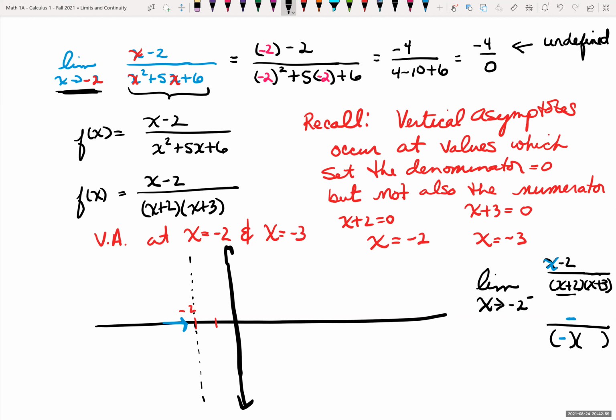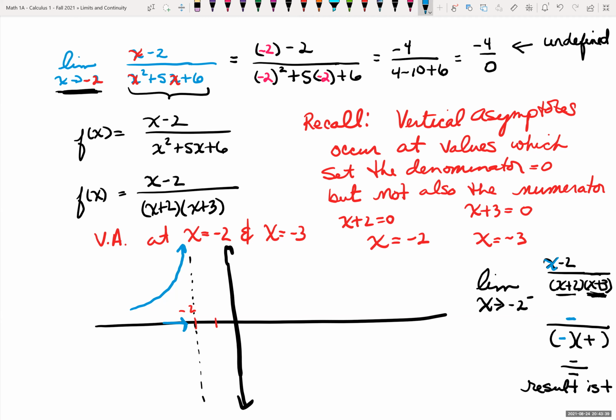If I plug in a number to this factor x plus 3, well, negative 2.1 or something close to negative 2 on the left and adding it to 3, that's going to be a positive number. So as we're looking at this, we have this negative number on the top divided by a negative. So we know our result is positive. So I know as x is approaching negative 2 on the left, it's shooting upwards.